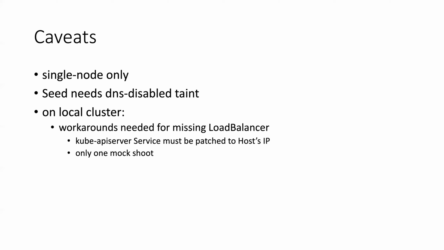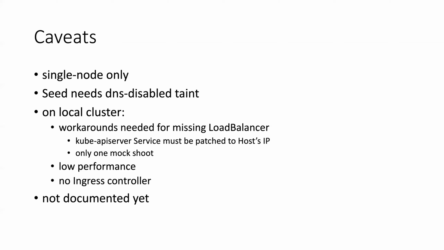But still works for this. You saw a pretty low performance. This could be improved, of course. And at the moment, there's no ingress controller for stuff running in the seed cluster. And because I worked on this the last week and wanted to present it today, there's no documentation yet.